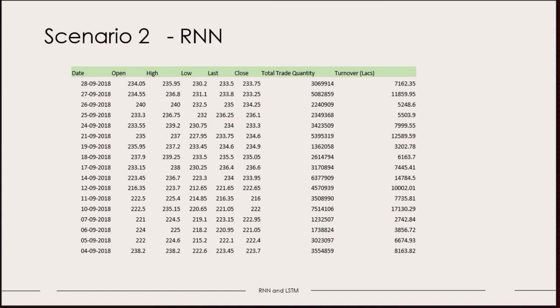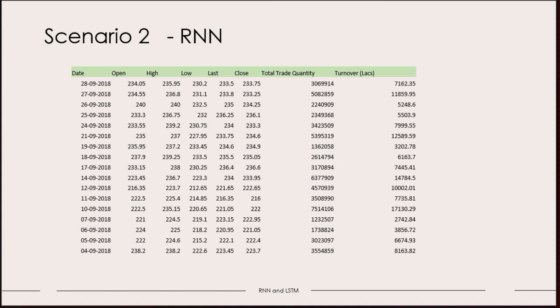Now coming to scenario number two. In scenario number two, we have data of a share price of a certain company, where we have the opening value of the share, highest value, lowest value, last value, and closing value of the share, and total trade quantity and turnover as the features.